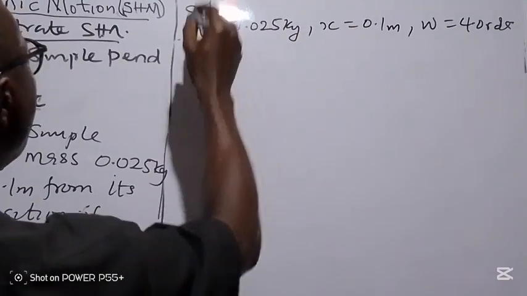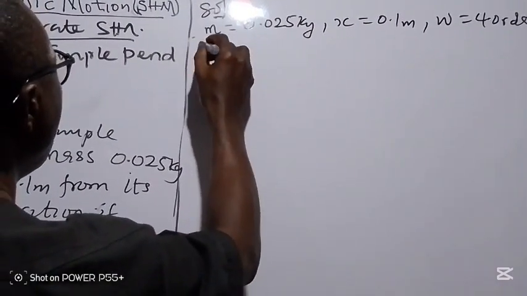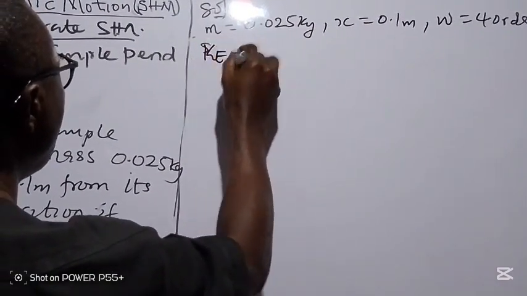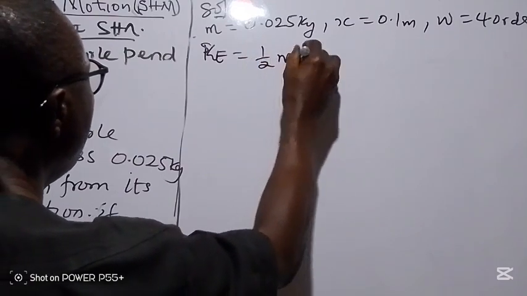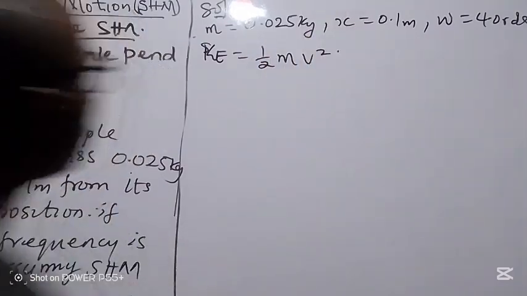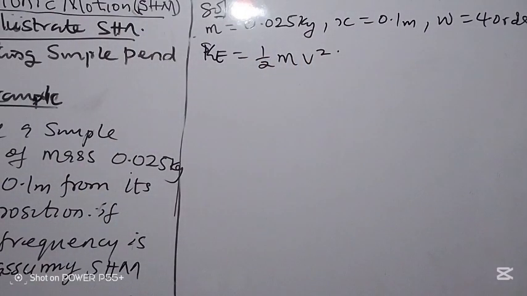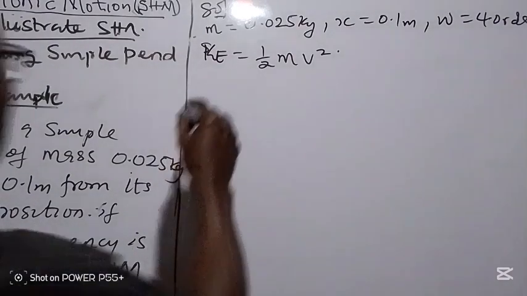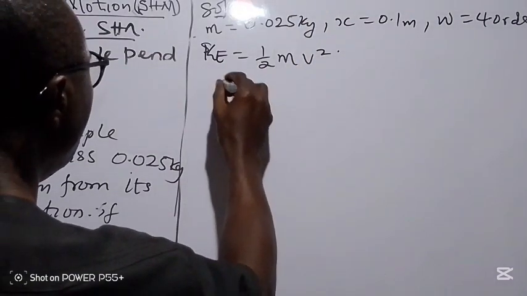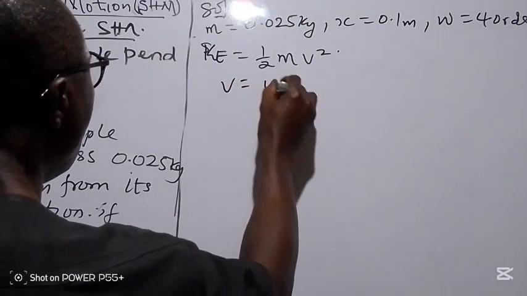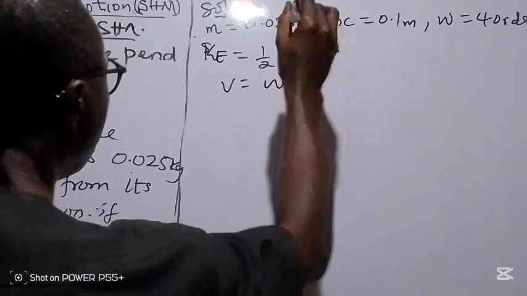Normally, that will be kinetic energy, that is KE. That will be half mv squared. And from the question, don't forget, for this thing to pass through the equilibrium position, V will be equal to omega x.